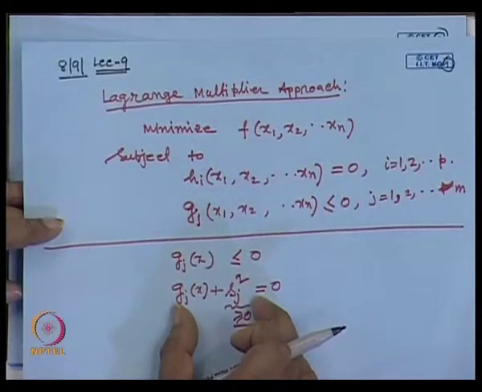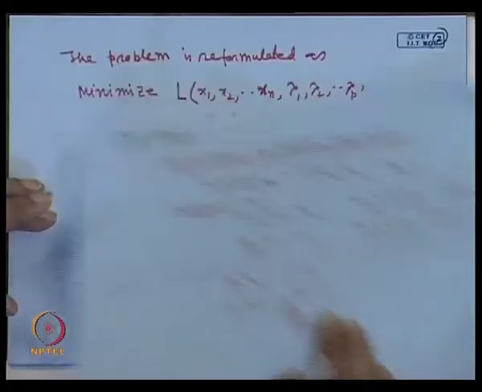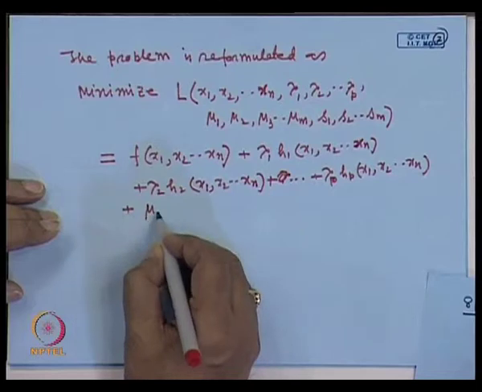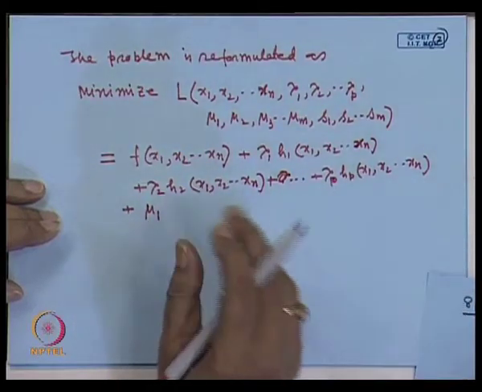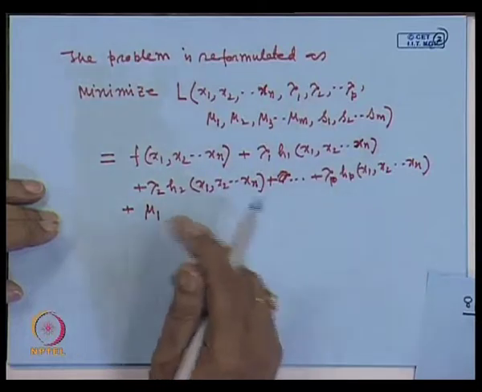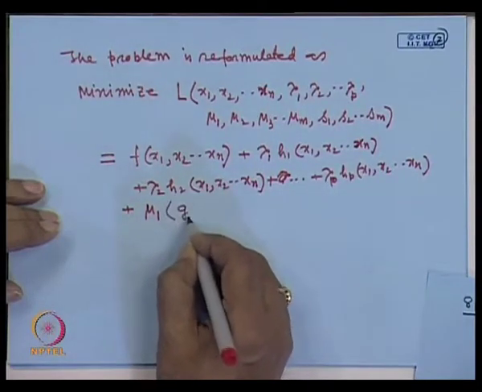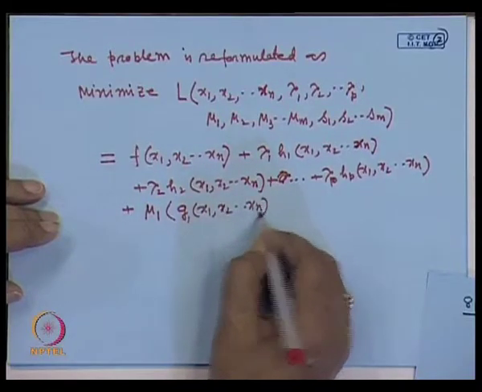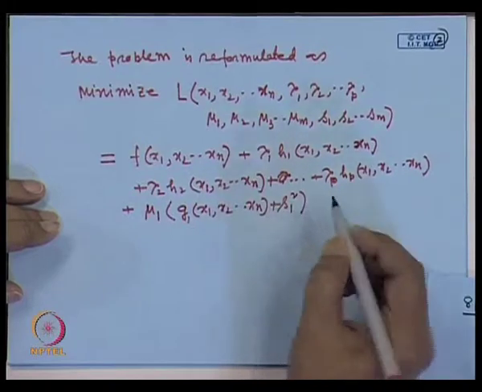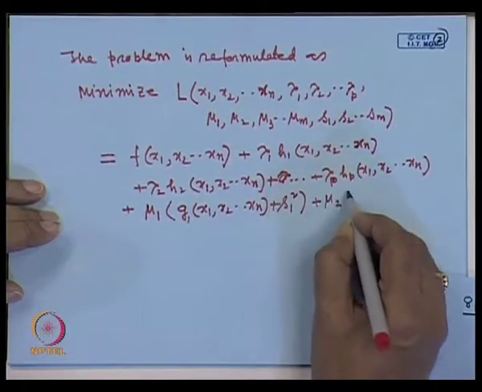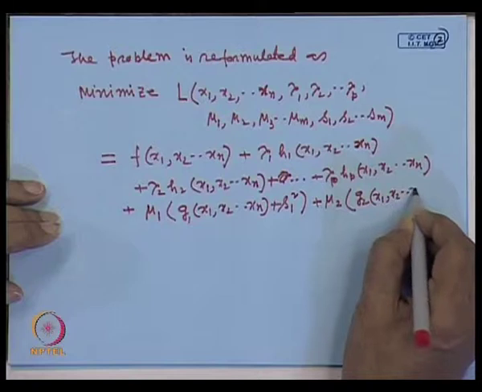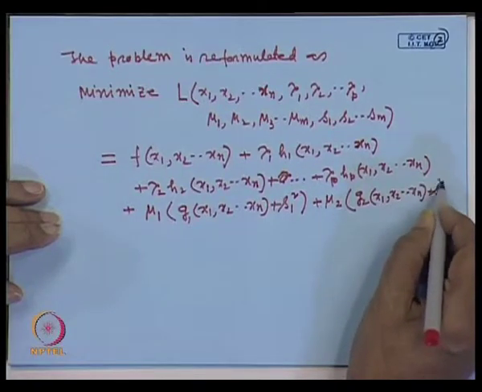In addition to that, the inequality constraints I have converted into equality constraints can also be added to our new objective function. So, that is mu 1 into the first inequality constraint, converted into an equality constraint this way: g 1 of x 1 x 2 dot x n plus s 1 square, then mu 2 g 2 of x 1 x 2 dot x n plus s 2 square, and so on.